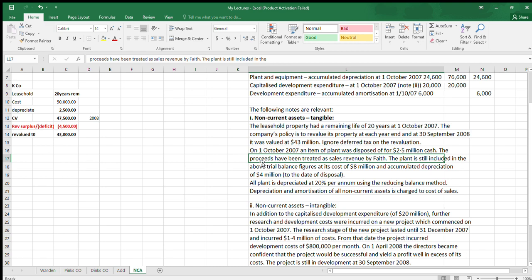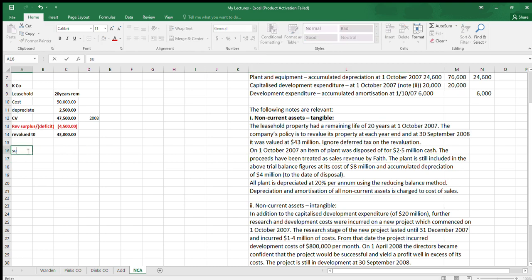So the plant is supposed to be a non-current asset. When you sell the plant, the proceed is supposed to go to cash, not a sales revenue figure. So in setting up your workings, you subtract proceeds from revenue.